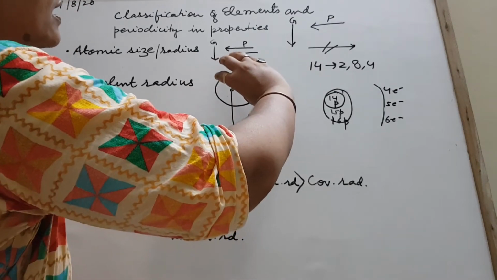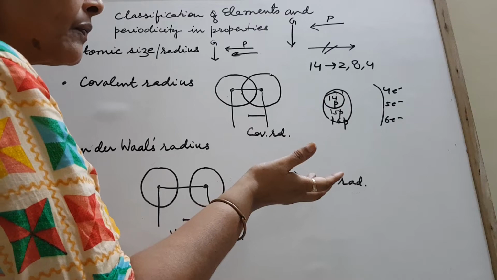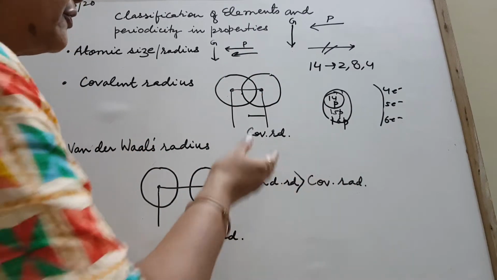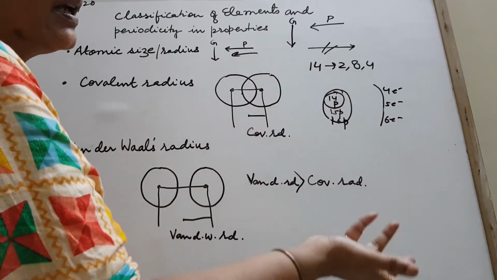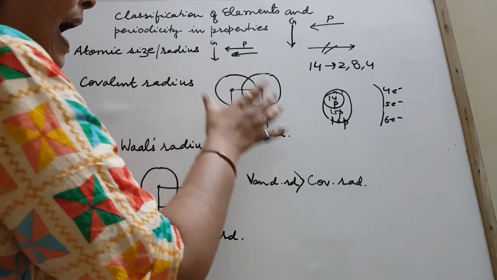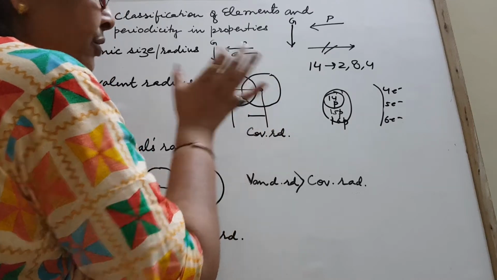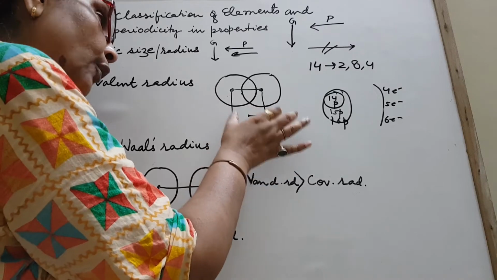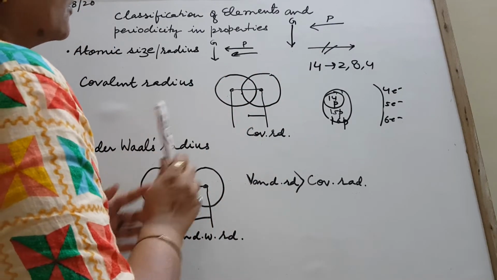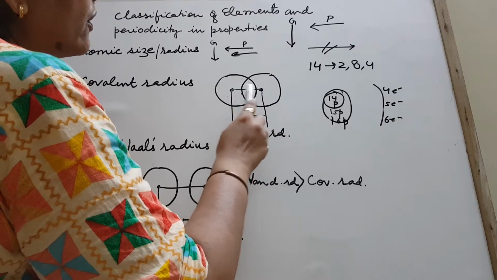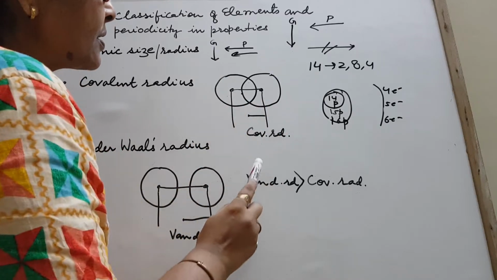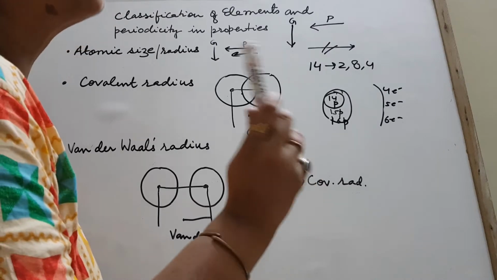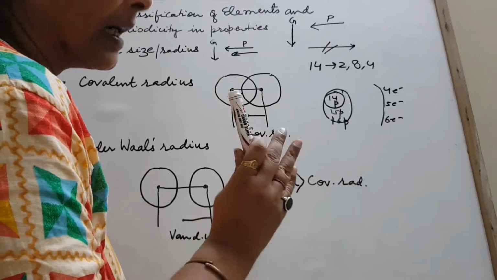Two atoms of the same element bonded together, take half of the distance between the nuclei of the two combining atoms, you call that covalent radius. They will not ask you what is covalent radius. You just need to understand the term.